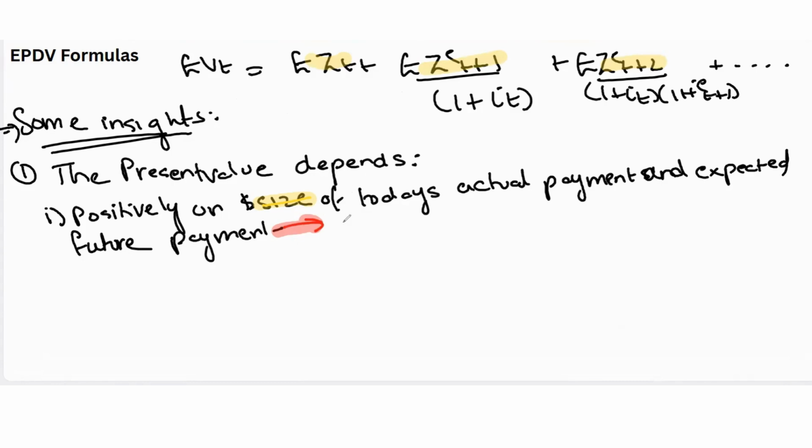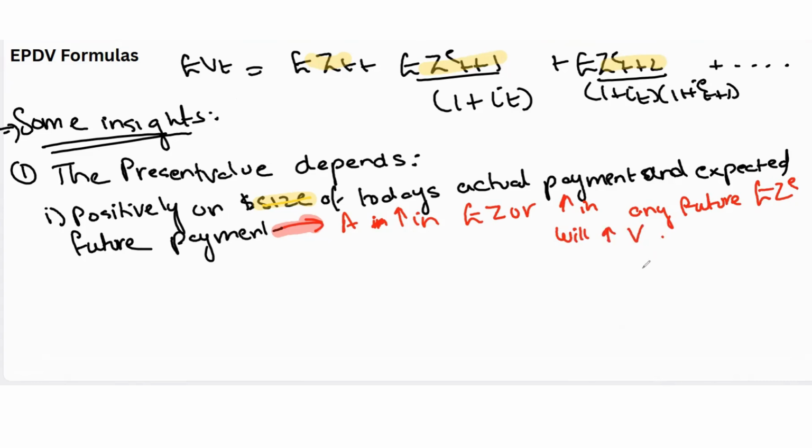Basically, an increase in z or an increase in any future z^e will increase V. So whether we have an increase in the actual payment z or an increase in any future z^e, like z_{t+1}, z_{t+2}, it will increase V.